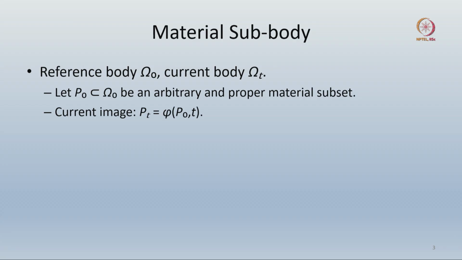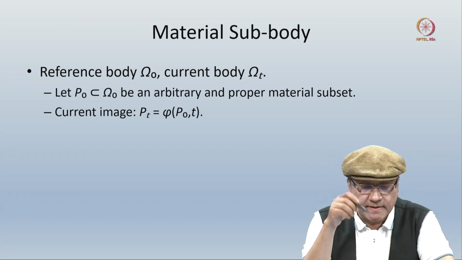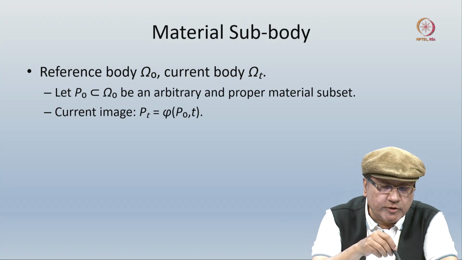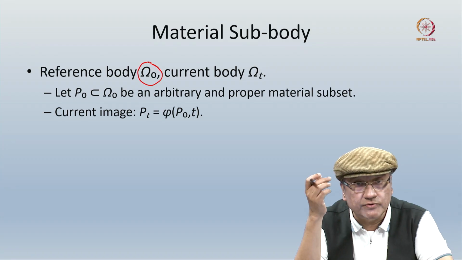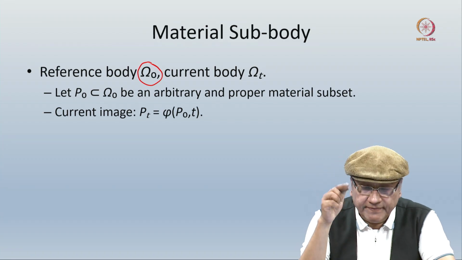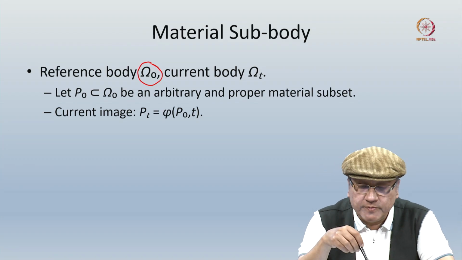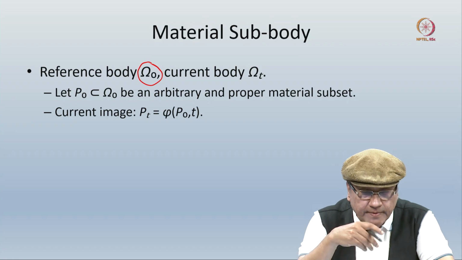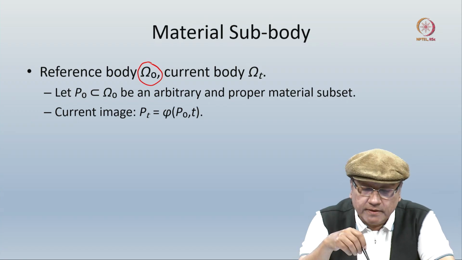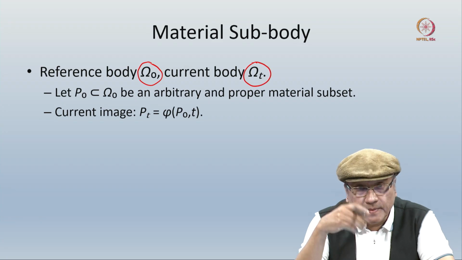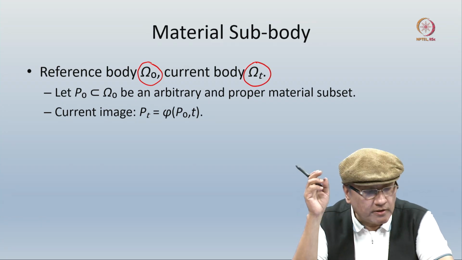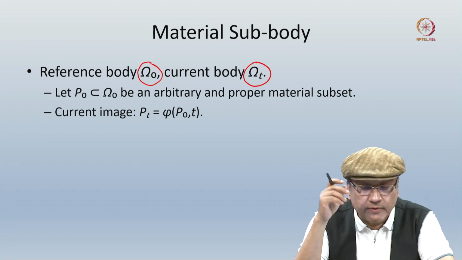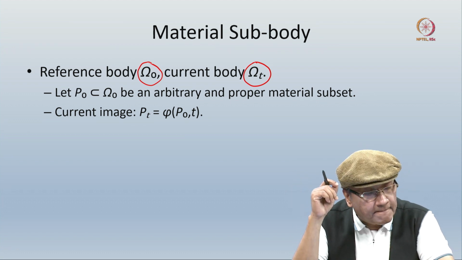The basic idea here is to consider the reference body omega 0, with the same symbols that we have been using, and the spatial or deformed body, which can also be called the current body, omega t. You remember that t is the parameter which defines different spatial configurations. You can think of t as time.